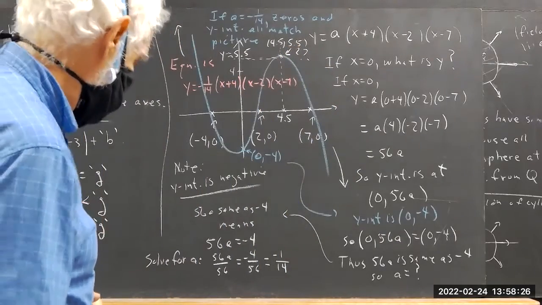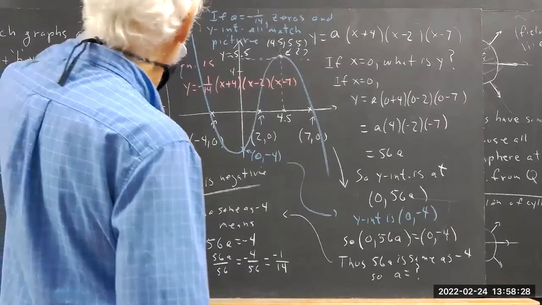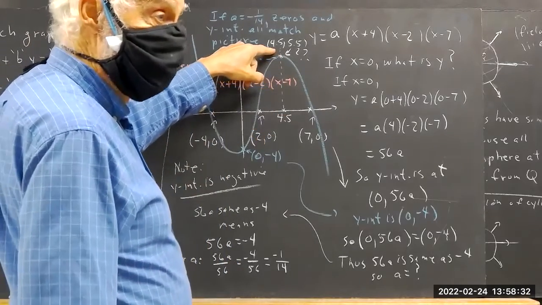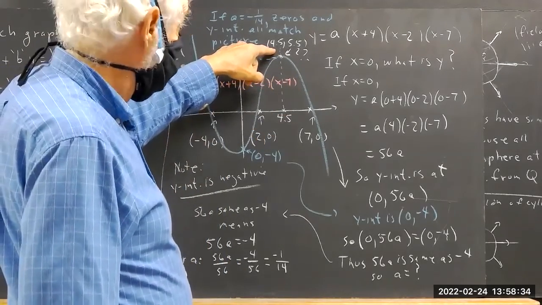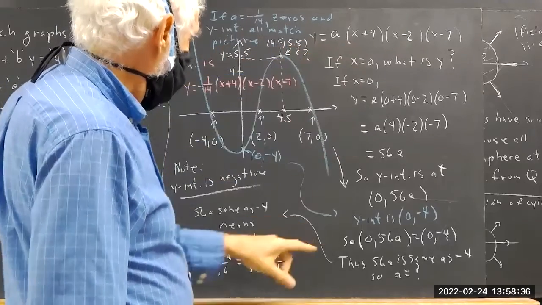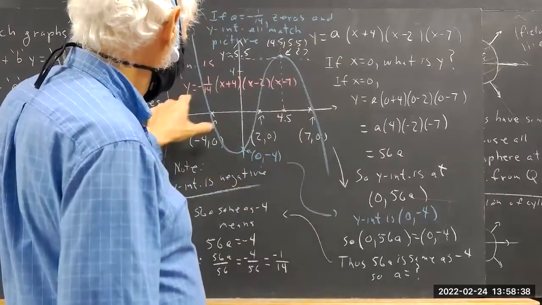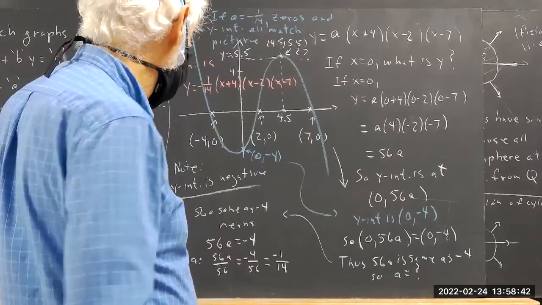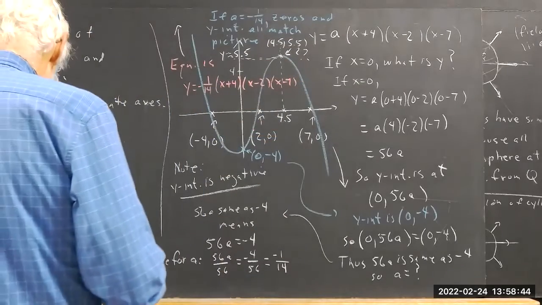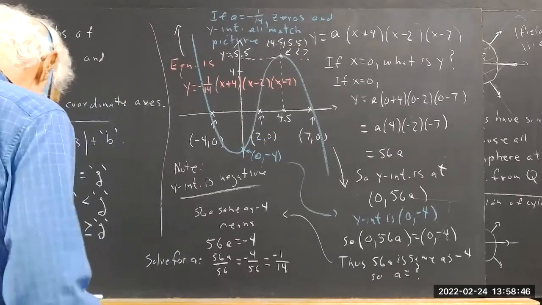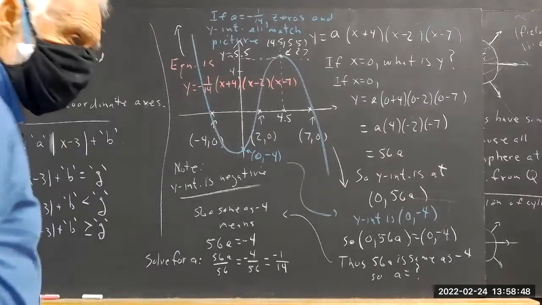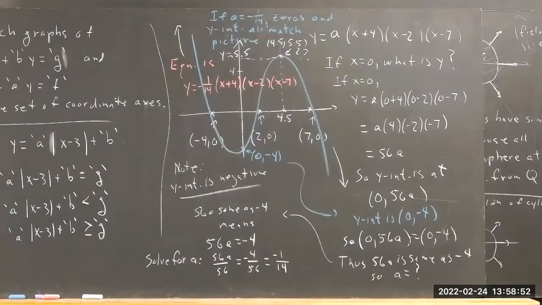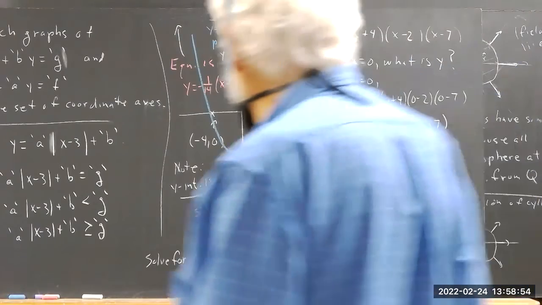Boy, I am out of whiteboard space. If I plug in 4.5 for x, then this equation here should give us something fairly close to 5.5. Well, I can kind of do that.